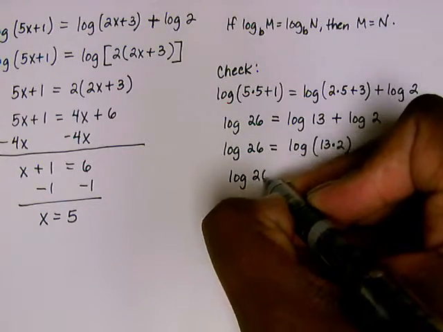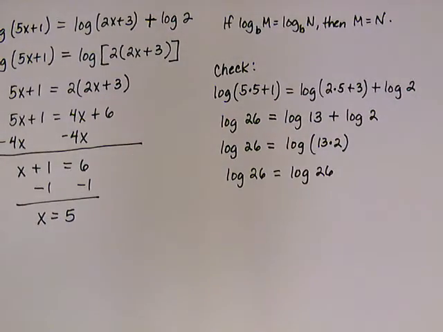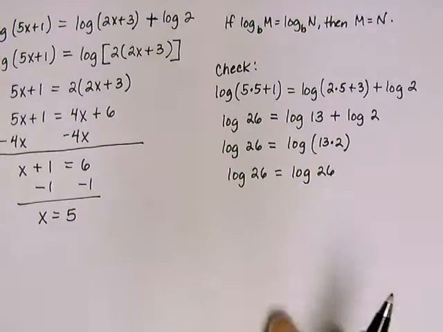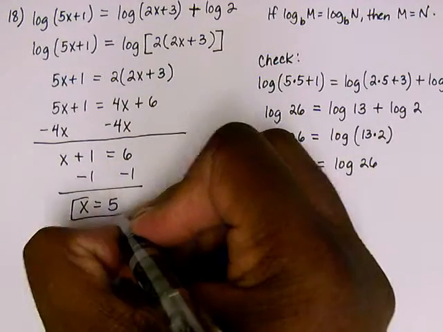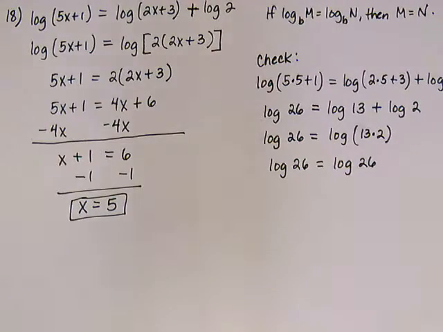So I have log of 26 equals log of 26. As you can see, the left side and the right side are the same. That checks. So I can conclude that x equals 5 is the solution to that logarithmic equation.